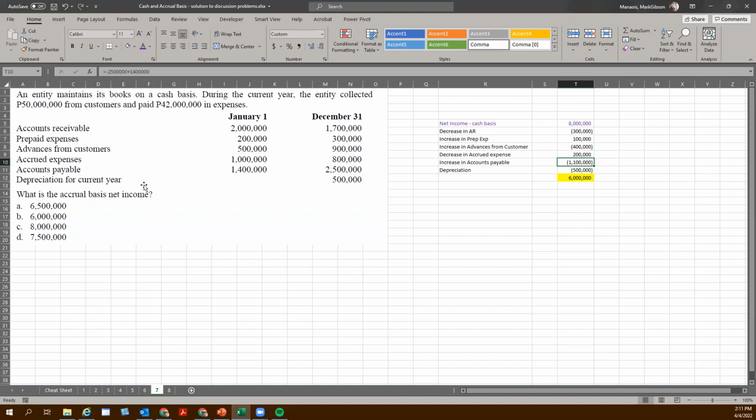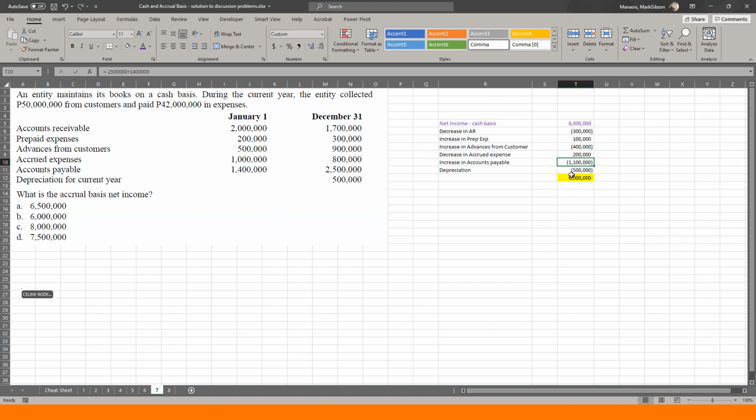And finally, we have the depreciation. So we have 500,000. As you know, we have to deduct that as part of the calculation. So now that we have analyzed each item, so just get the sum, we can now calculate 6 million. 6 million, this is the net income under the accrual basis.